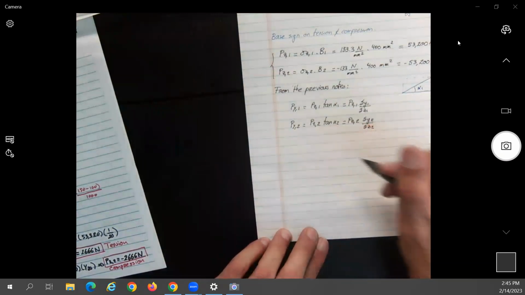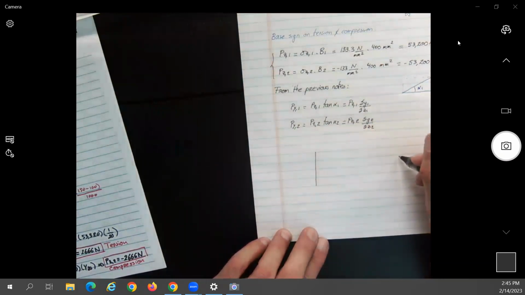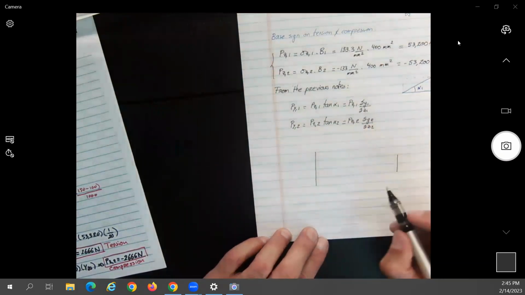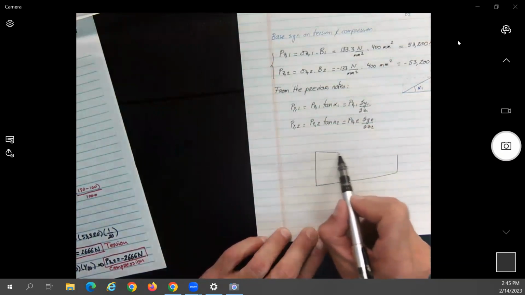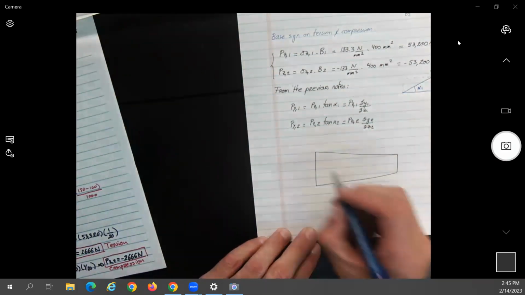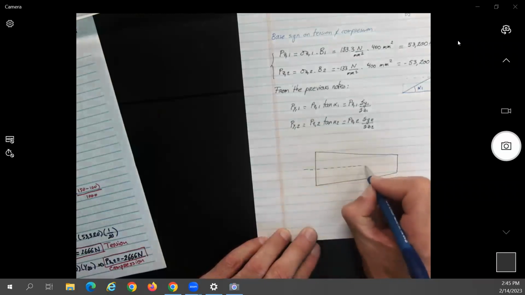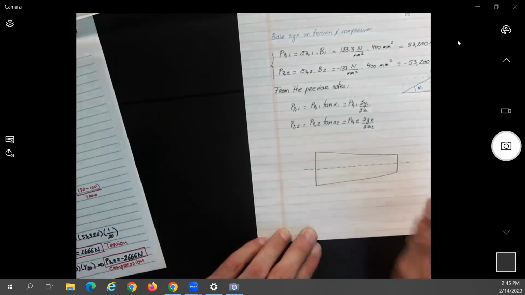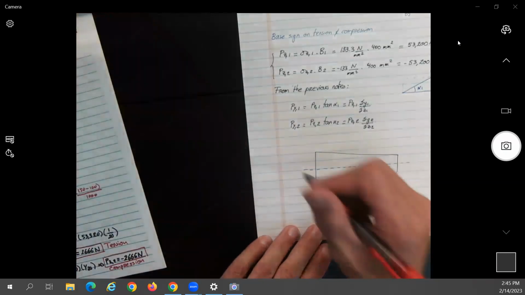So hopefully that would be good enough. Okay, so here we need to be careful. What was the total height over here? What did we have at the roots?